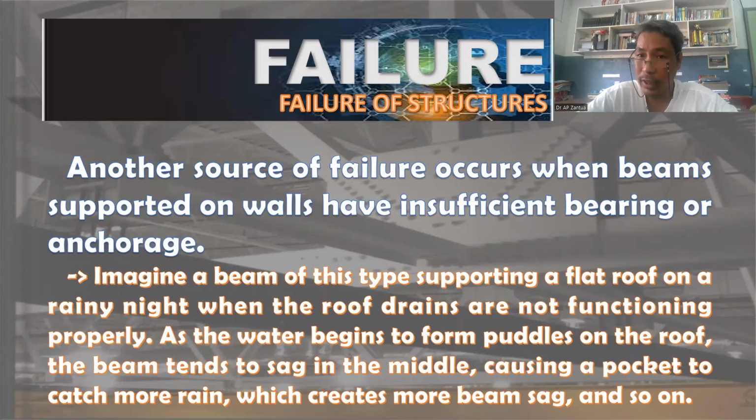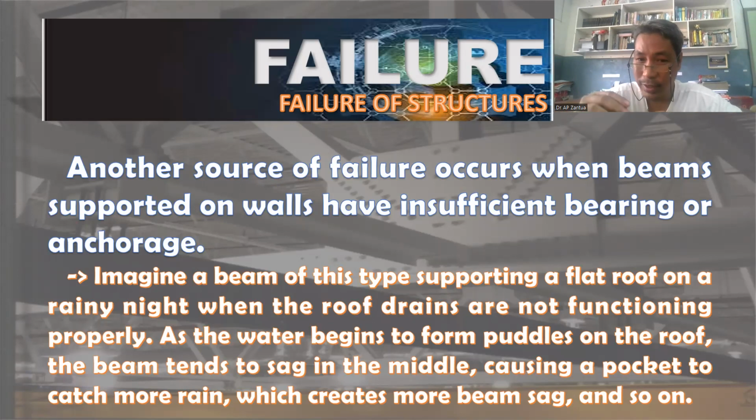Right? So as the water begins to form puddles on the roof, the beam tends to sag in the middle. So when we have slab roofing, we can experience that, and the slab will form a sag in the middle, causing a pocket to catch more rain, which creates more beam sag and so on.